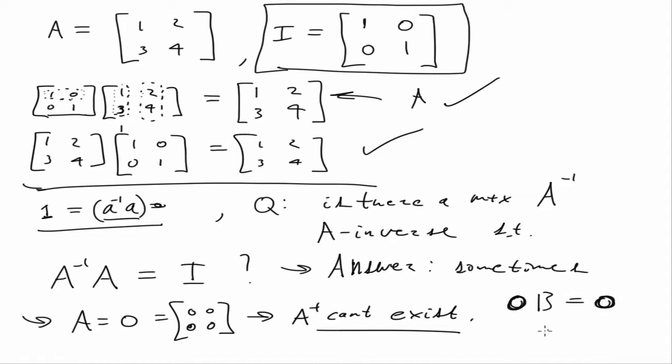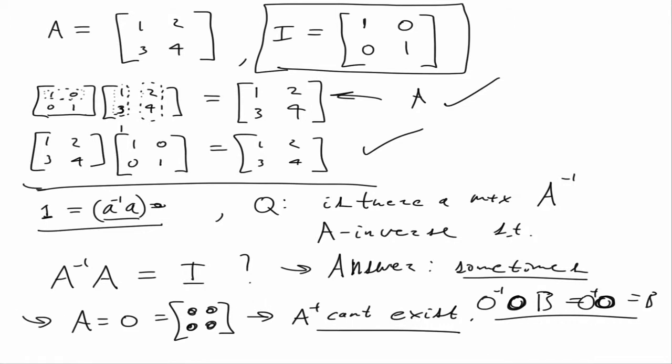So there's no way to find something that would produce B again. Multiplying by 0, you can't come back from that. So clearly 0 doesn't have an inverse, just like for the real numbers.